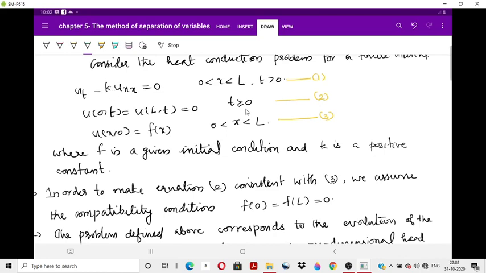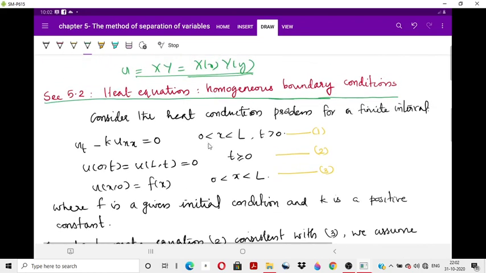Okay. Now these equations are numbered as 1, 2 and 3 respectively. In order to make equation 2 consistent with equation 3, we have to choose f(0) and f(L) as equal to 0.